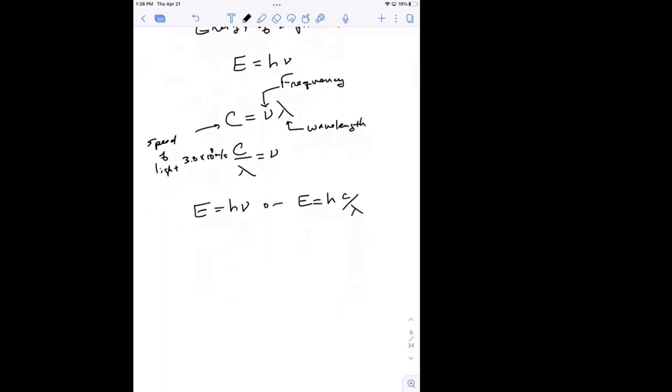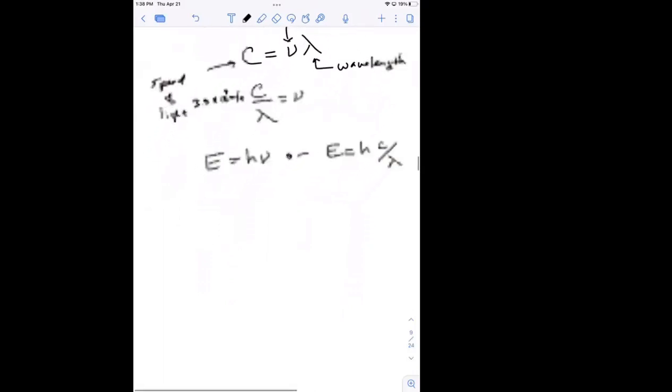All right, let's work an example, because this particular section right here is just manipulating the energy of a photon, and that's it, right? So let's take an example.